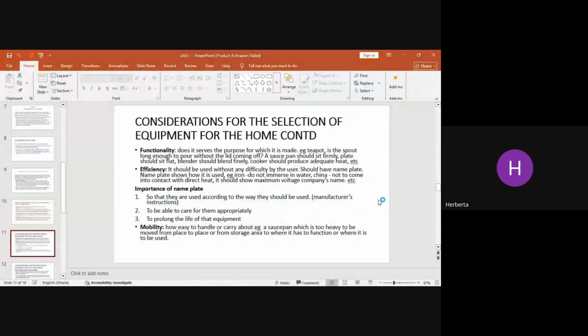So you also look at the functionality, the purpose. Is it going to serve one purpose or is it going to serve multiple purposes for you? It is going to serve as a washing machine, as a washer. It is going to serve as a rinser.